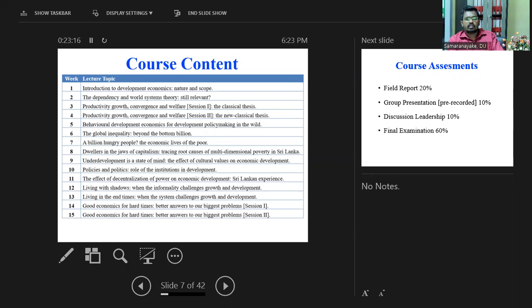The fifth one is about behavioral development economics, which is a recent trend in development economics. In that session, we'll discuss how it is creating a serious impact on policy-making patterns, a serious shift in development prospects.